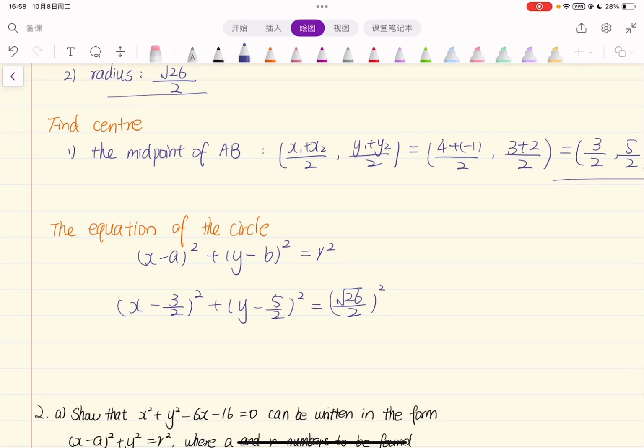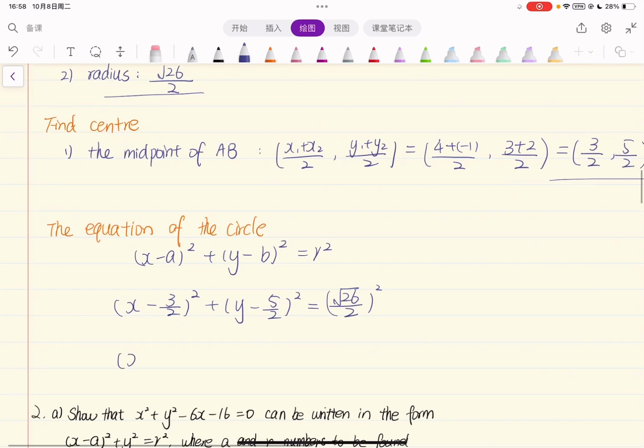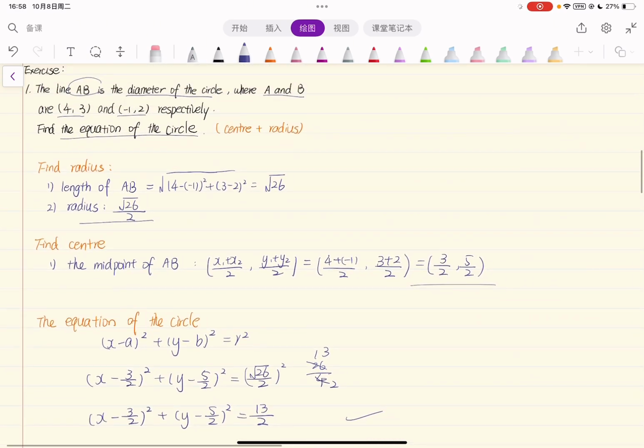Then we can rearrange that. We have x minus 3 over 2 squared plus y minus 5 over 2 squared equals, so that is 26 over 4, that is 13, so it's 13 over 2. That is the answer.